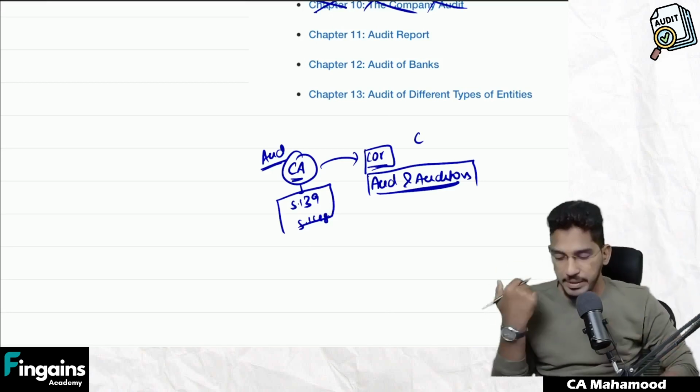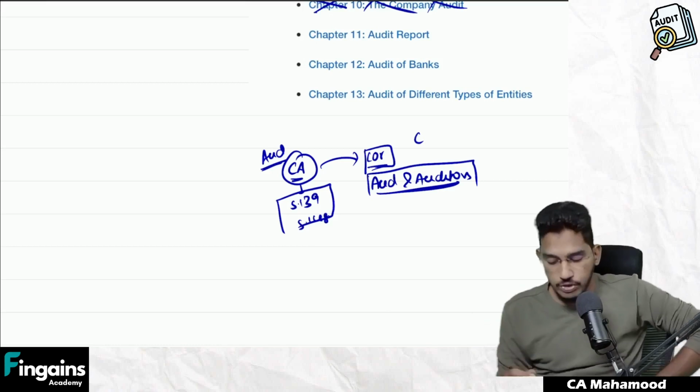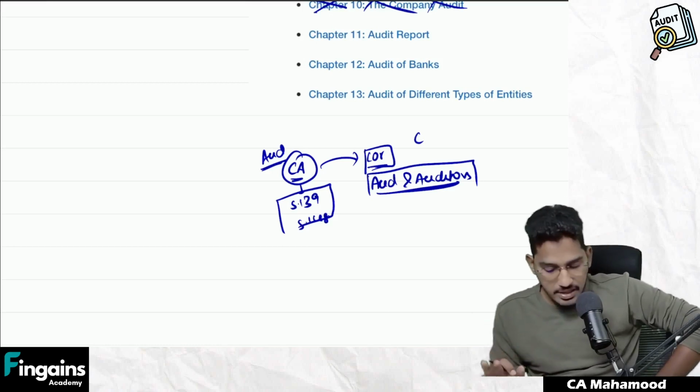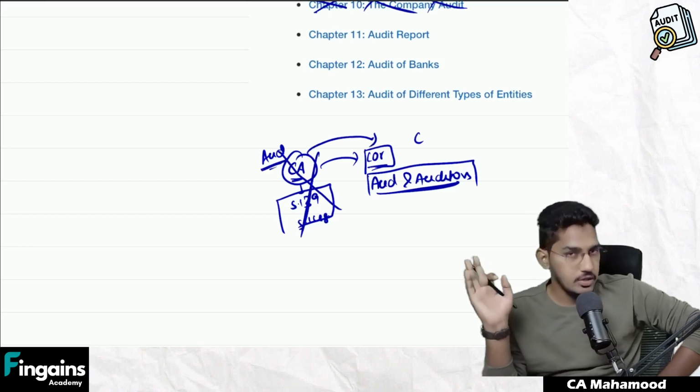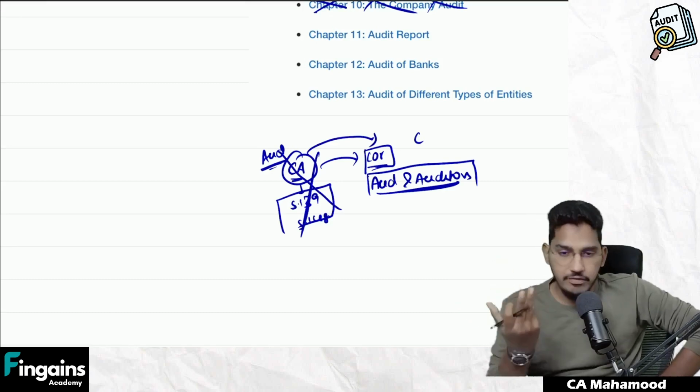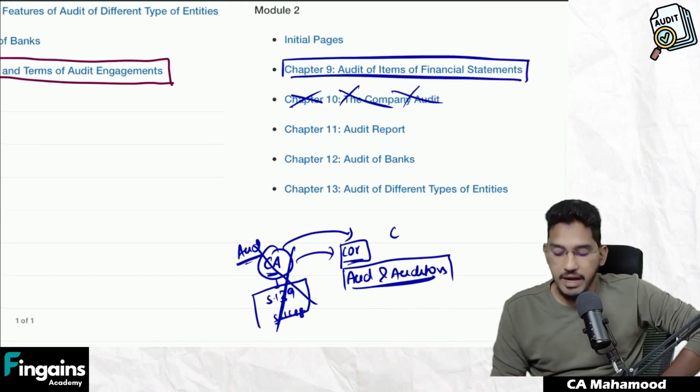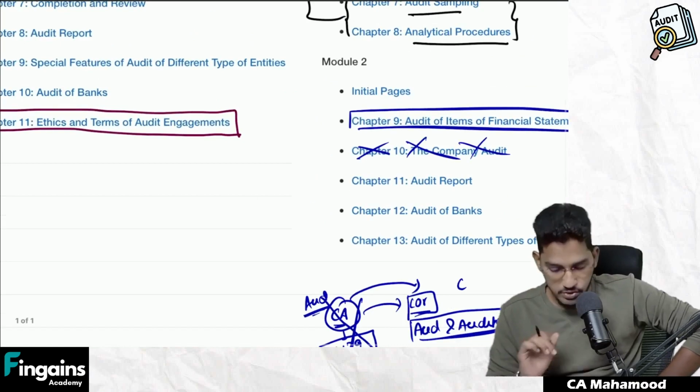Since it is leading to repetition, ICAI might have thought, we don't want unnecessary repetition, so they excluded this chapter from auditing. Now the questions will be asked going forward only under the law paper. So this is my view. That's the reason why I don't find the company audit chapter under the new scheme.